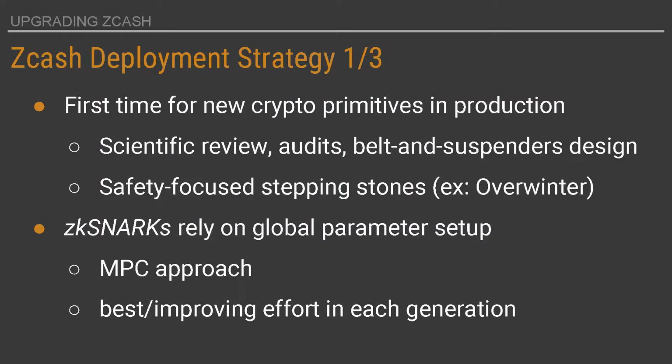So zk-SNARKs rely on a global parameter setup. This is one of the main flaws with them. I mentioned earlier they are the most performant in certain dimensions, like the proof size is extremely small, which works well for blockchain transactions. But to get that performance, a trade-off is introduced, which is called a parameter setup.